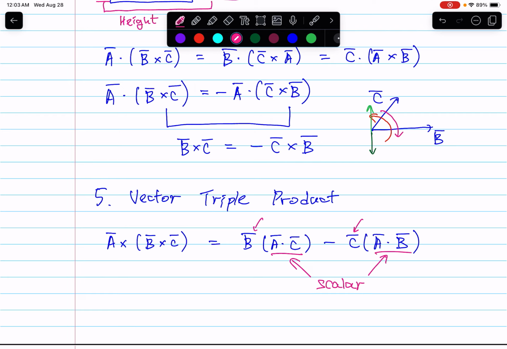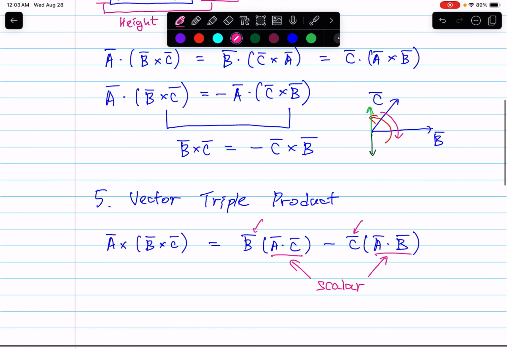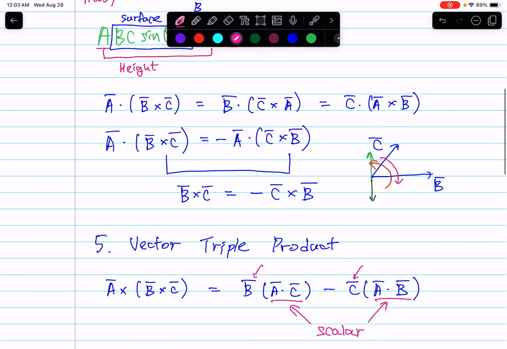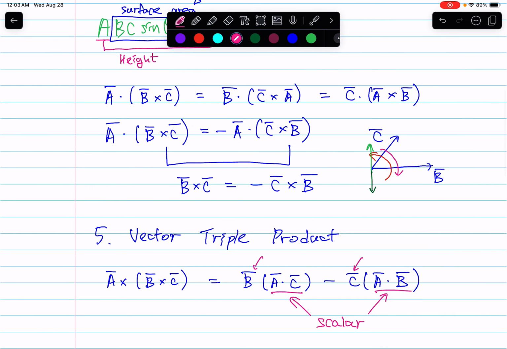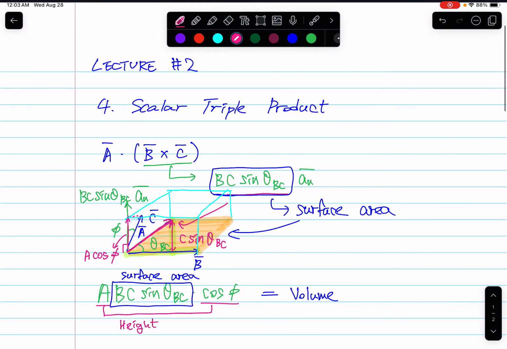But yeah, there could be an example that we solve together that would utilize the vector triple product, but I will leave it there. So this is the vector triple product, and this is a scalar triple product.